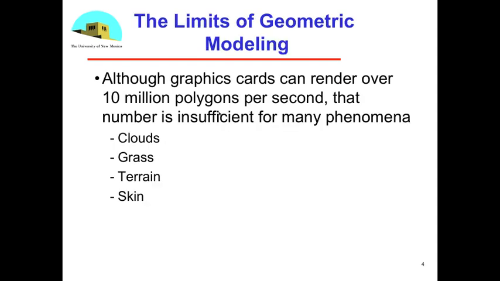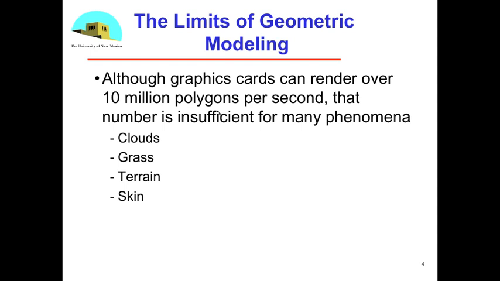So let's start at the beginning and say, well, why don't we just do things the way we have been doing them by just having lots of polygons? And the answer is that even though graphics cards keep getting better and better, and you can easily buy a graphics card where I think now 10 million polygons per second is probably low for what even a $100 or less graphics card can do, no matter how many polygons we could render per second, there's going to be a lot of phenomena that we just can't model very well with geometry without having almost an infinite number of polygons.